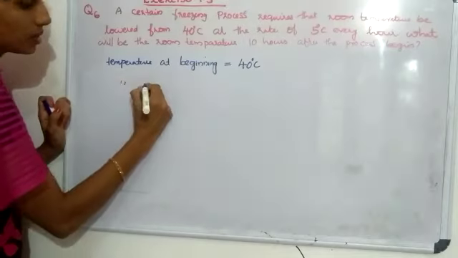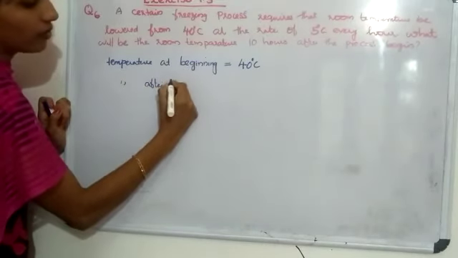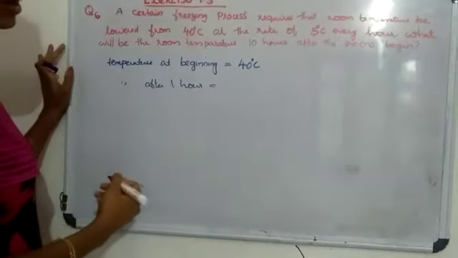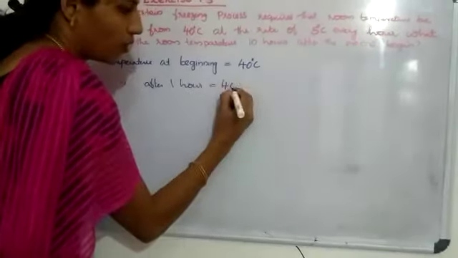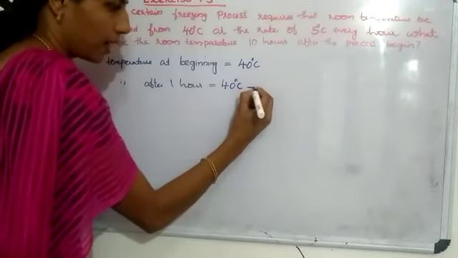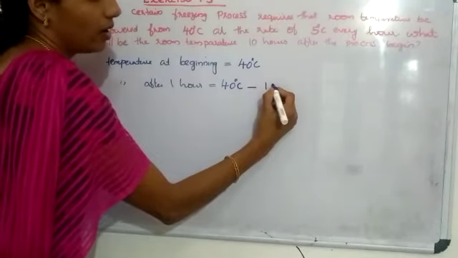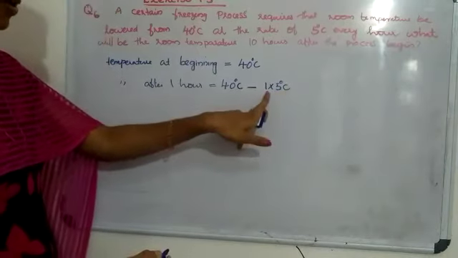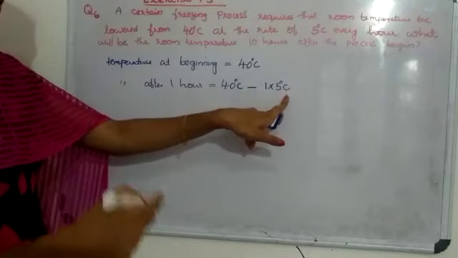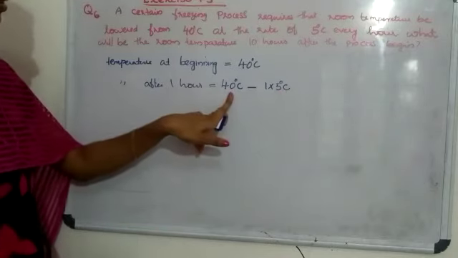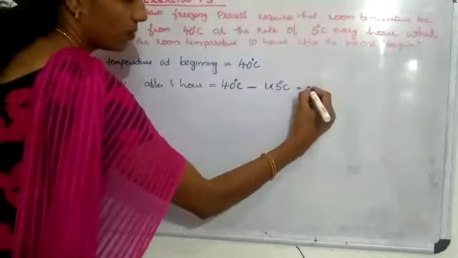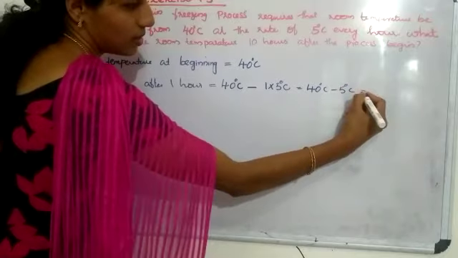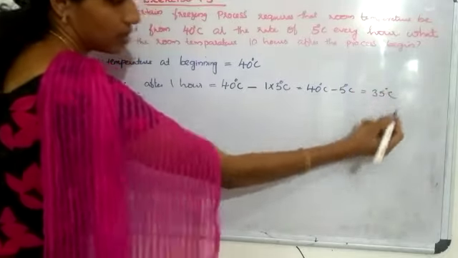So this temperature after 1 hour, what will be the temperature after 1 hour? That is 40 degrees Celsius minus 1 hour into 5 degrees Celsius, right? So that means at 1 hour 5 degrees Celsius is decreasing from 40 degrees Celsius. That is equal to 40 degrees Celsius minus 5 degrees Celsius is equal to 35 degrees Celsius.